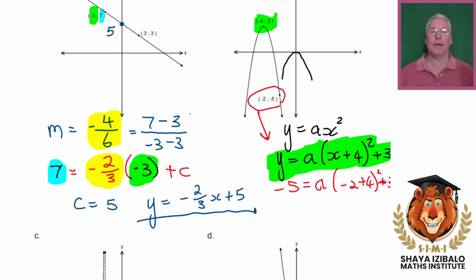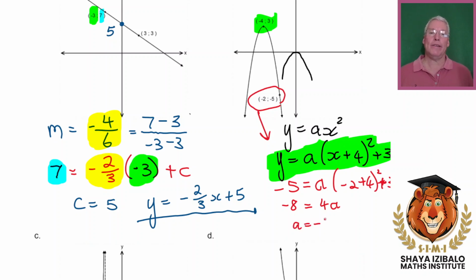Sorry, that's a plus sign, rather tatty looking, and that's a 3 on the end there, my apologies. Now we're going to subtract 3 from both sides, we get negative 8. Inside the brackets we get 2 squared, which is 4, so we get 4a is negative 8. We get a is negative 2.